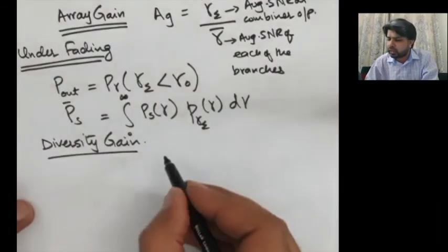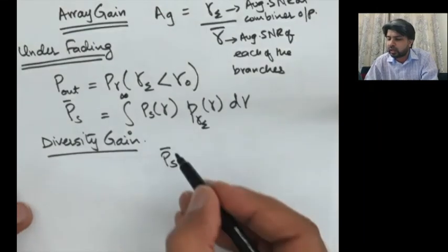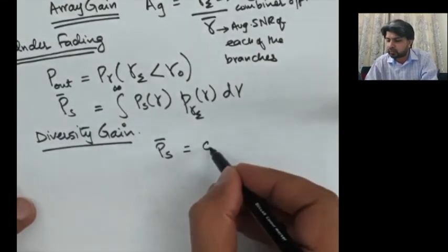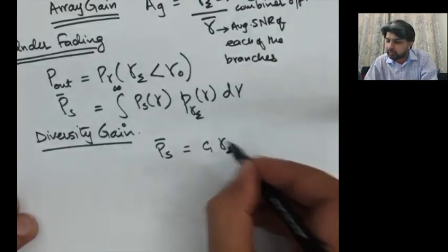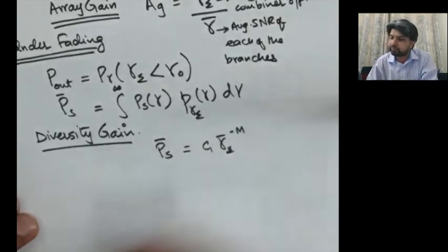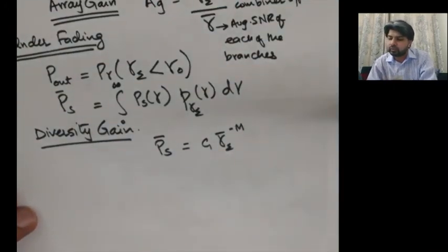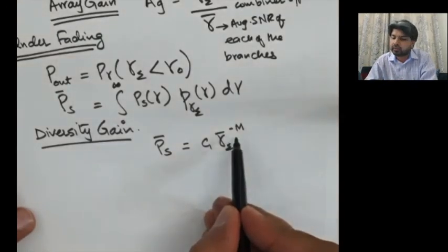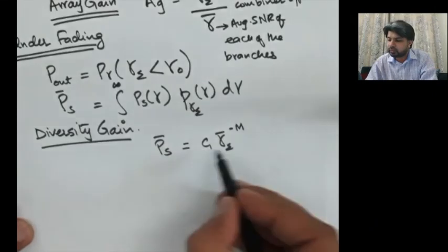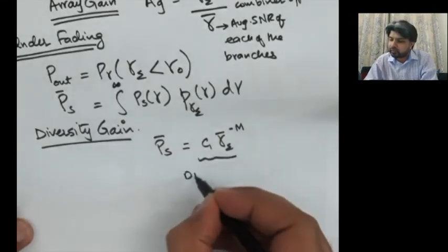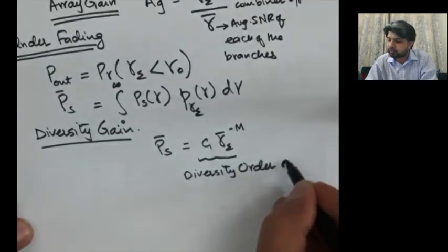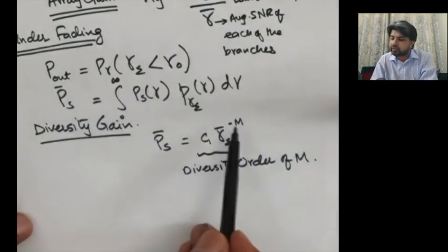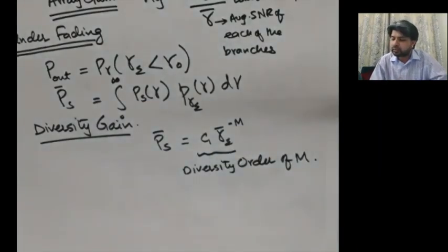Typically, your average symbol error probability after combining would be some constant C1 times your gamma sigma bar to the power minus M. This power minus M means that you would have a diversity order of M. That M is related to the change in slope of your average symbol error probability.